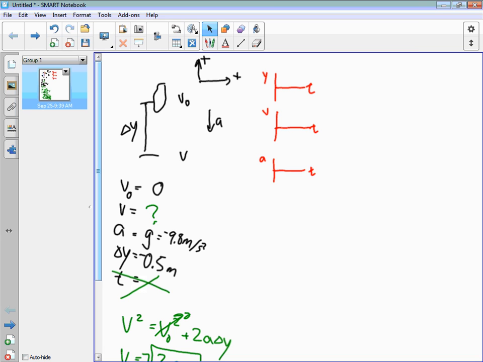Any of these you can fill in? You don't need actual numbers, just basics. Yes, sir. The acceleration is always going to be like negative 9.8. Yeah, the acceleration is negative 9.8 because we defined upward as positive.